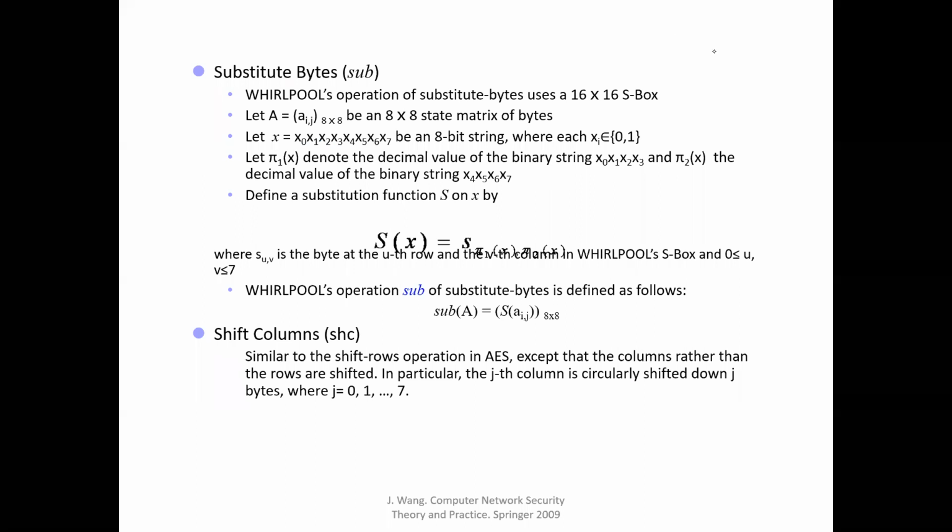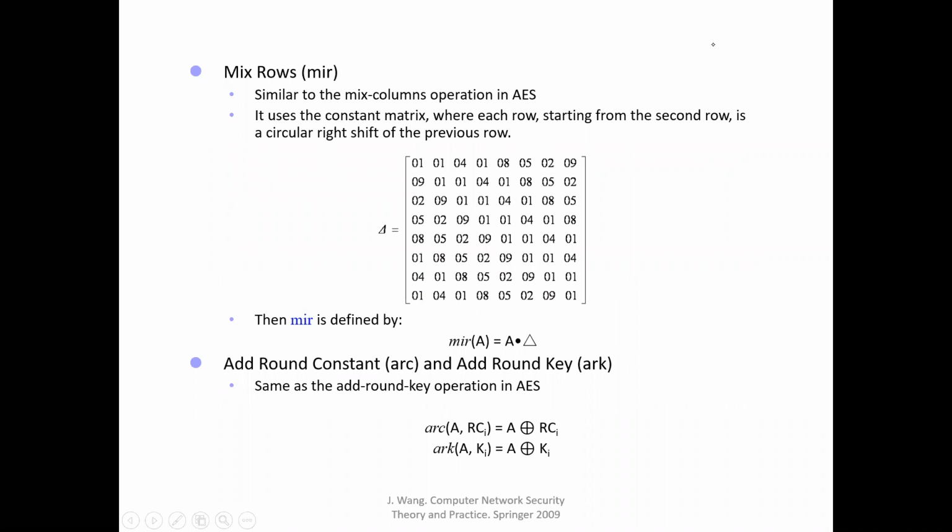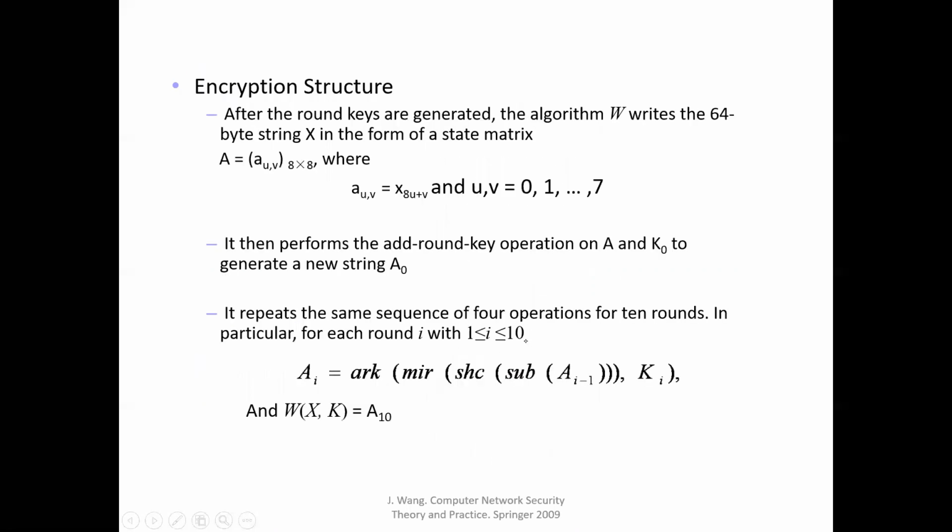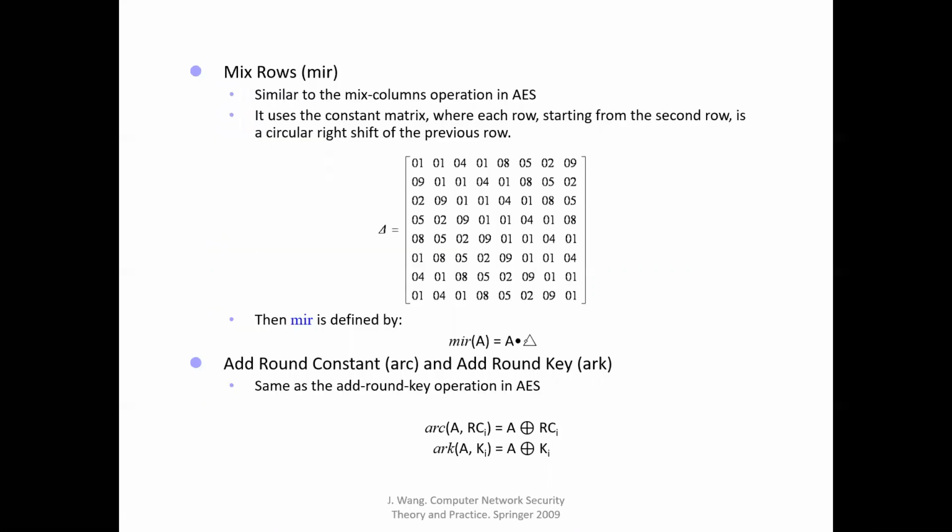Next, how about mix rows? Mix rows uses a matrix similar to mix columns. So this is a matrix, and mix rows is a multiplication of the input A by this matrix. That's how it is defined right here.